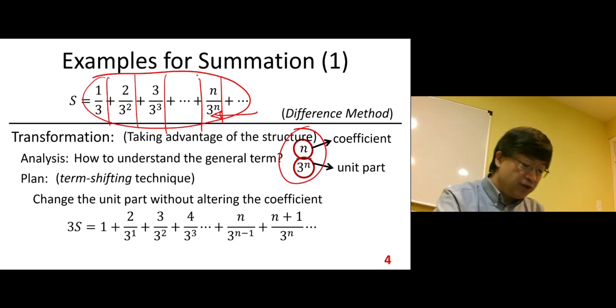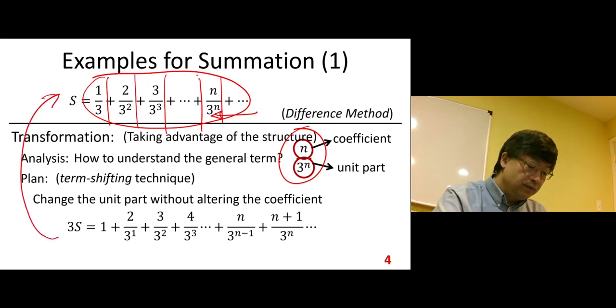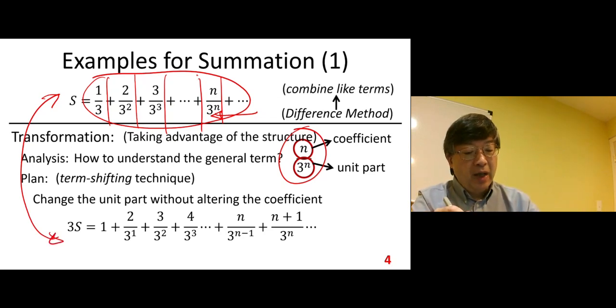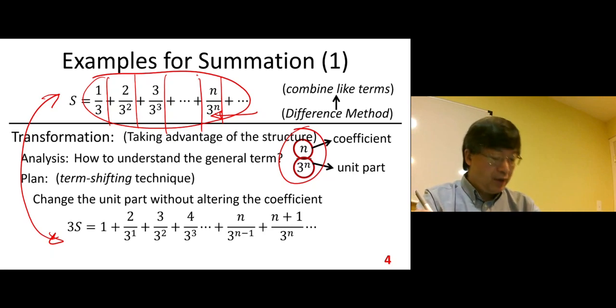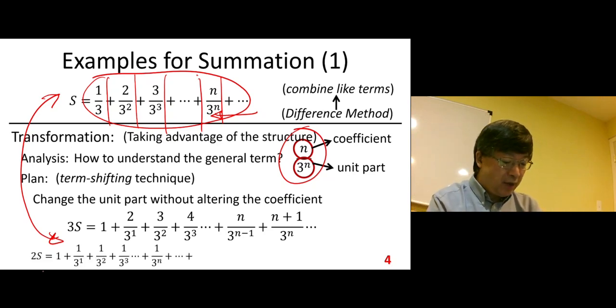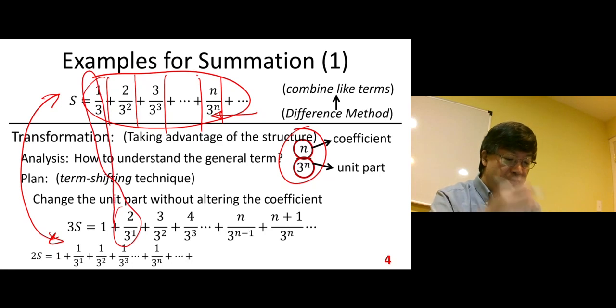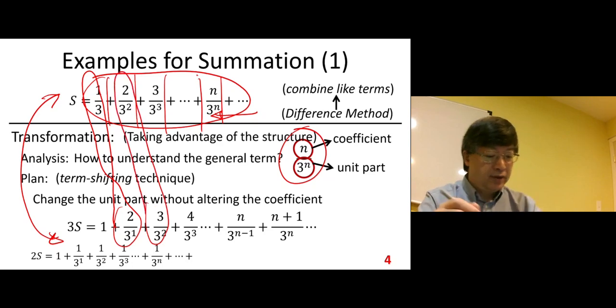We take the difference of the 2 series and combine like terms. So we get 2s on the left-hand side equals 1, then the second terms together, 1 over, then next, like this.